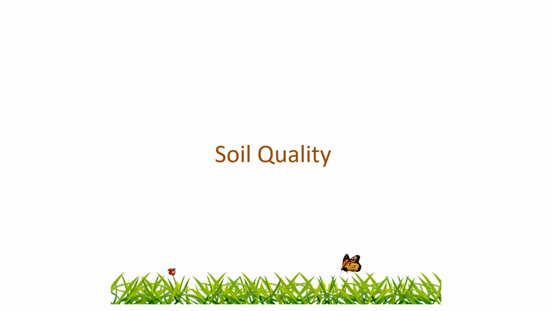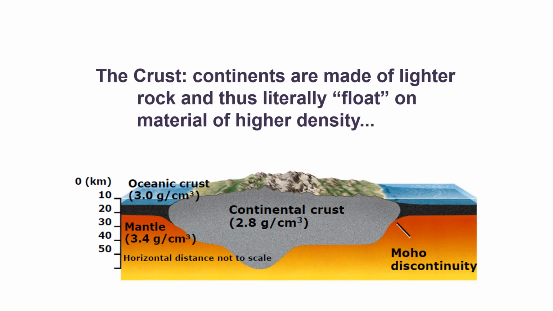Now let's proceed to the soil quality. So the crust or the continents are made of lighter rock and thus literally float on material of high density.